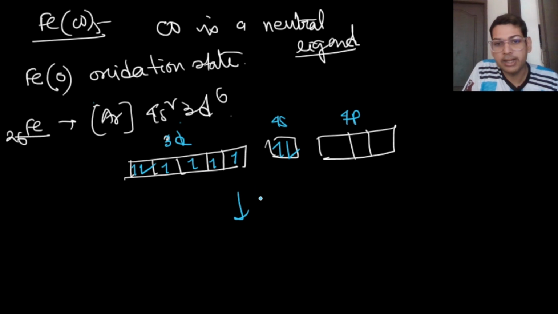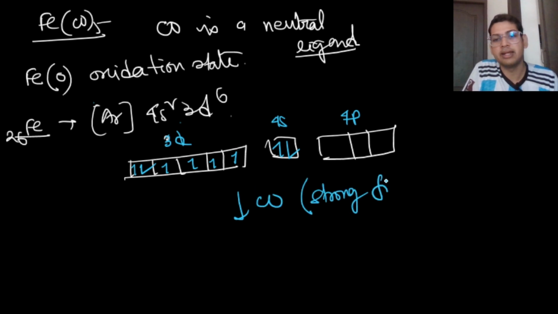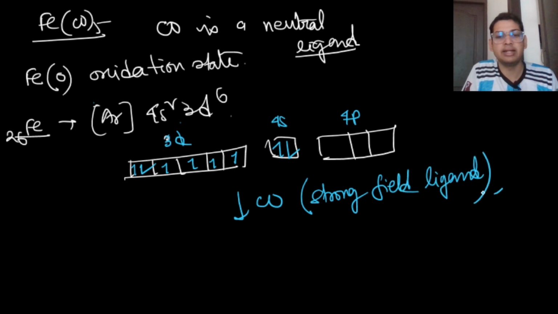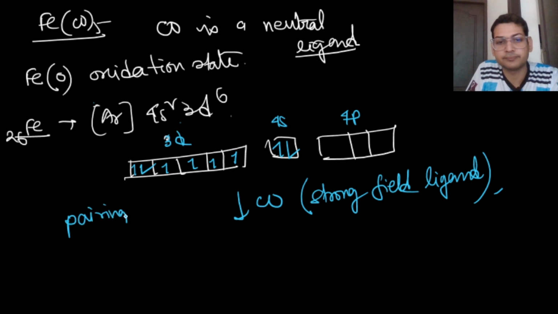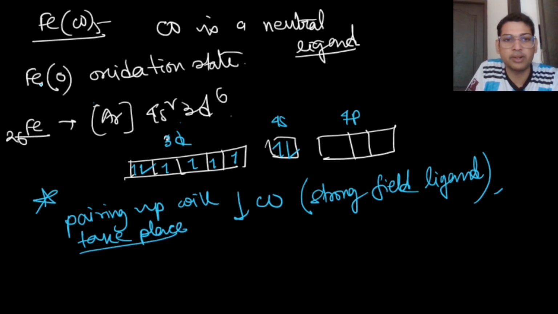Sir, now CO is coming, and CO is a strong field ligand. As it is a strong field ligand, sir, what happens? Electron pairing up will take place. Pairing up means what you are trying to say?